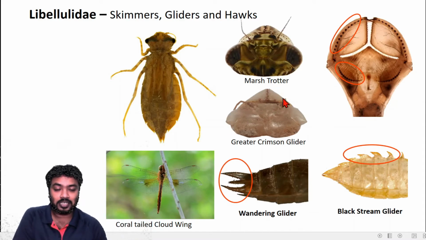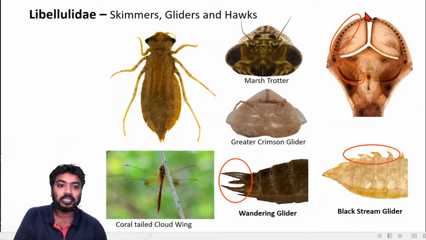And for other species, like all the Libellulids, they will definitely have a spoon-shaped labium and a 7-segmented antenna. Then you have to count the premental setae and palpal setae. See here the palpal setae are more in number, more than 15, and here also more than 10.